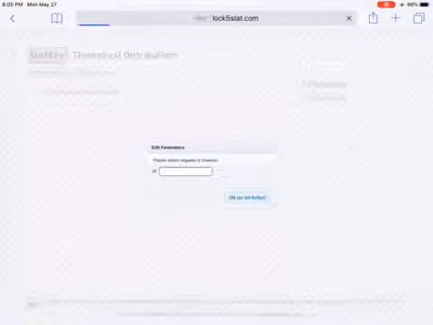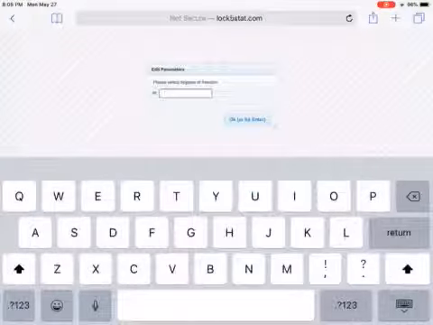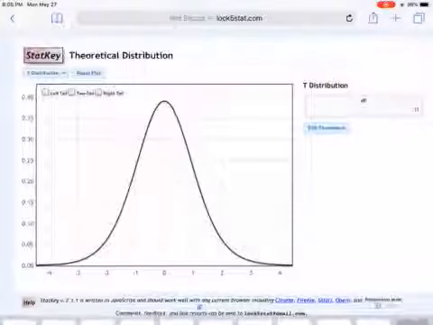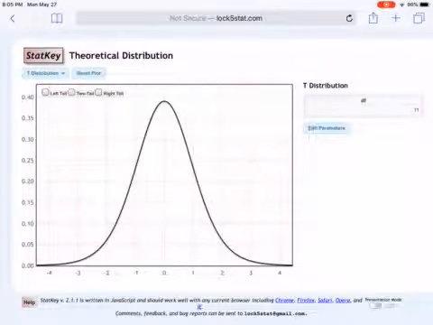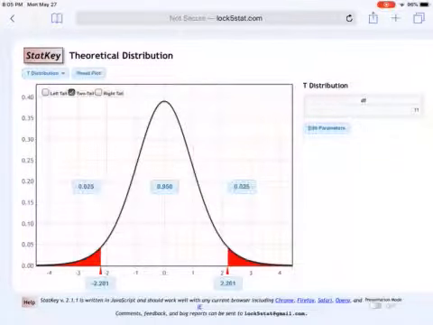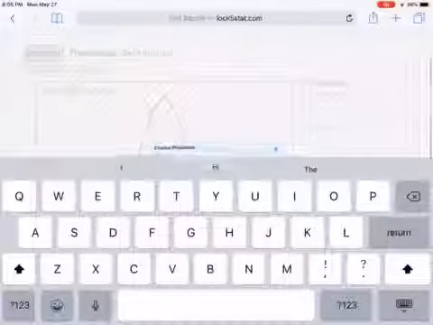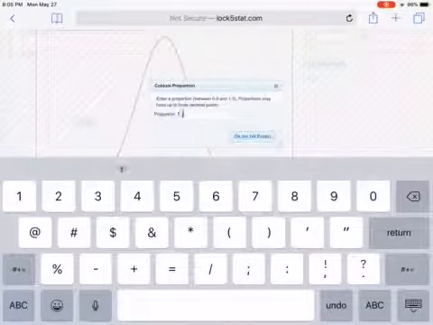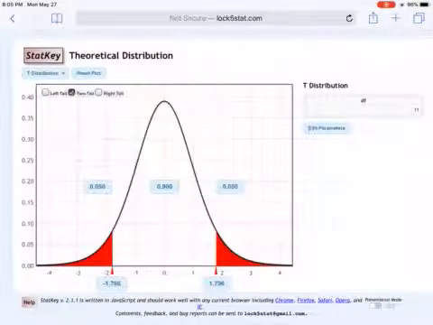So t-distribution, degrees of freedom of 11, hit OK. And then when we're doing a confidence interval, we do two-tail, and we wanted a 90% interval, so we need to change the value in the middle to 0.9. So we can see we get a t of 1.796.